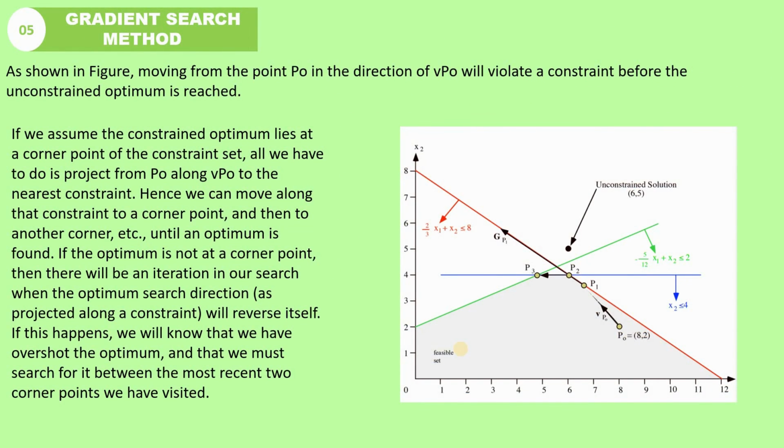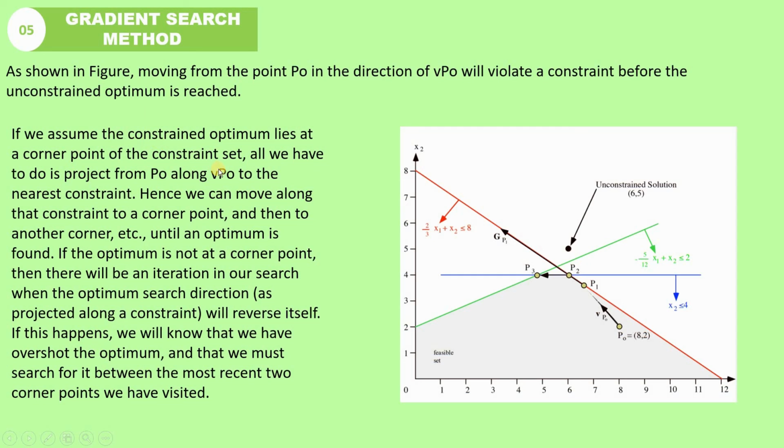As shown in the figure below, we have values for various points which lie in the feasible region below these lines. In the direction of Vp0, we will violate a constraint before the unconstrained optimum is reached.